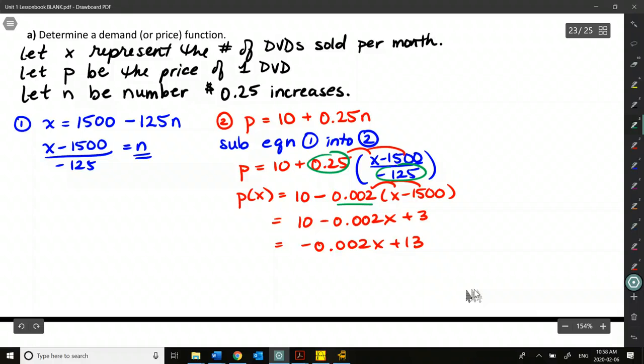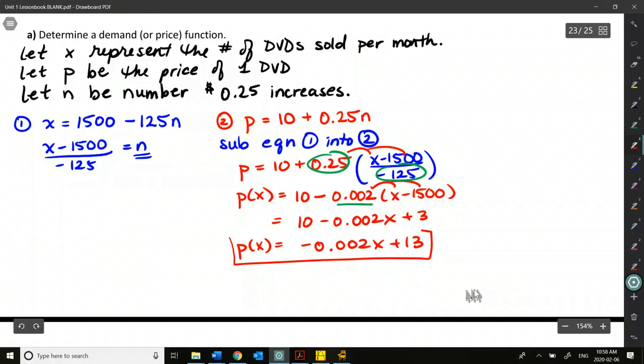In your calculator, if you plug in 0.25 divided by negative 125, that will give you negative 0.002. So this is a better, more simplified version of what we had up here when we initially subbed in. That's going to be our price function.